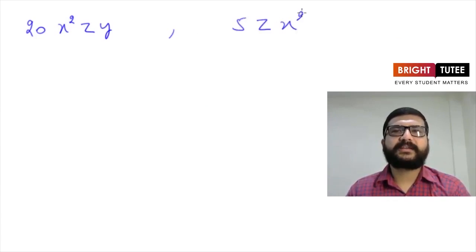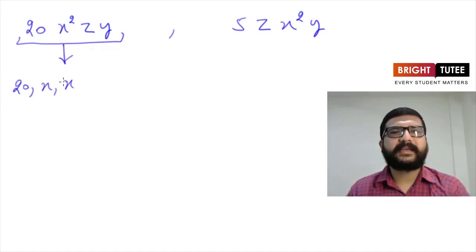Now let's take one more example. Suppose we are having 20 x square zy, and the second term is 5 zx square y. Now what do you think about these two terms? Are they like terms? We have to write their factors first. For the first term, factors are 20, x, x, z and y.